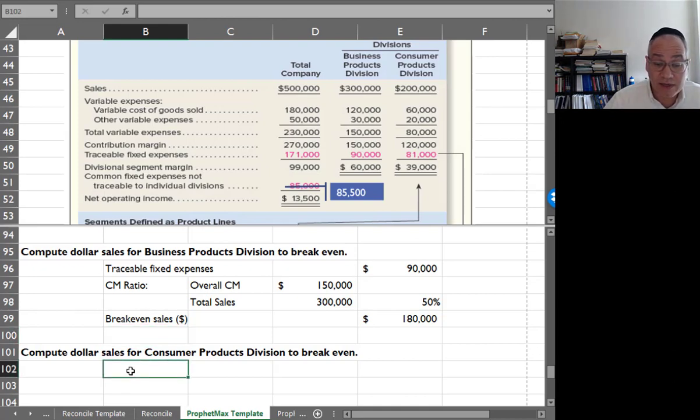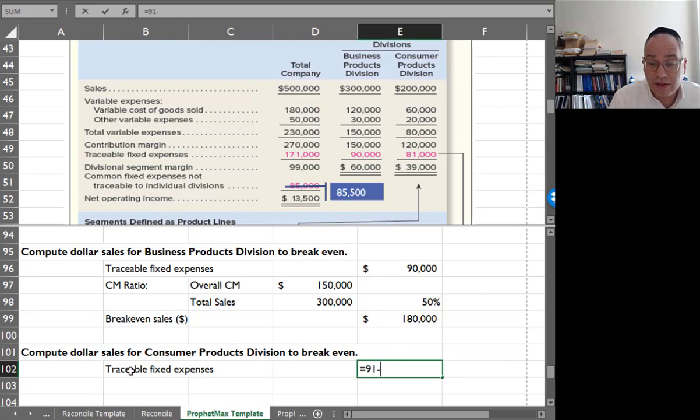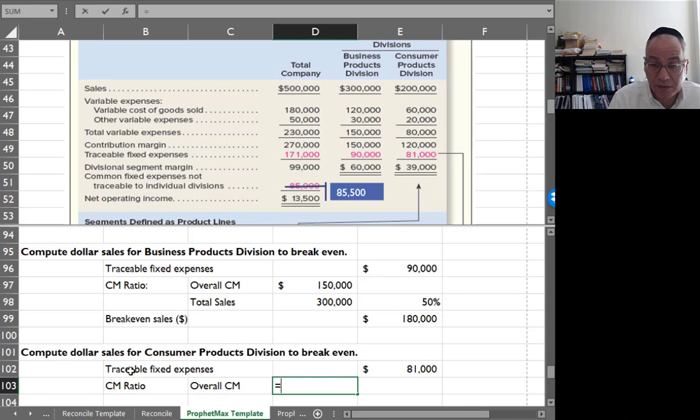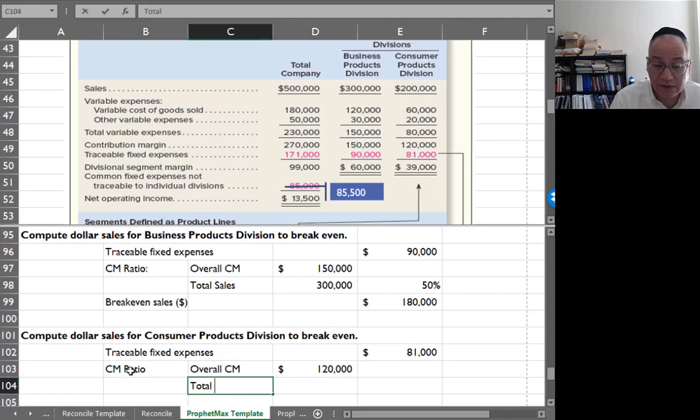What would I need to make in the consumer products division? Traceable fixed expenses is 81,000. The overall CM in consumer products is 120, and total sales in that division is 200,000.